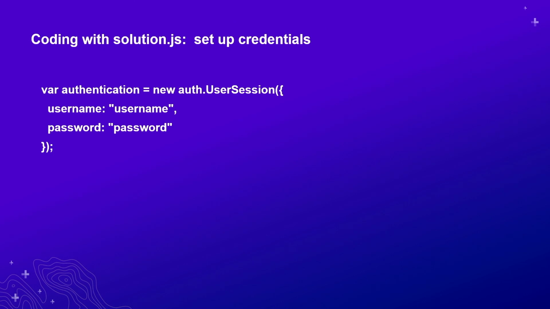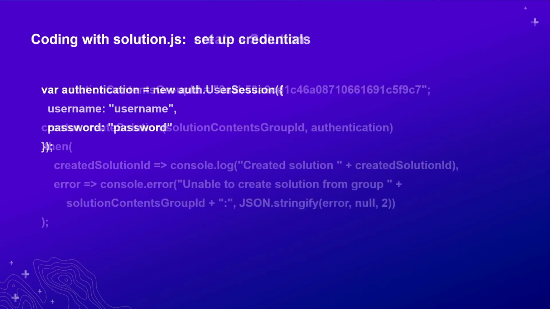And it's something that the ArcGIS REST.js functions all need, and we therefore use in all of our calls for solution.js. If you are accessing ArcGIS Online, you'll pass an authentication item for those calls. One of the methods is a username and password, so I'll use that version here.